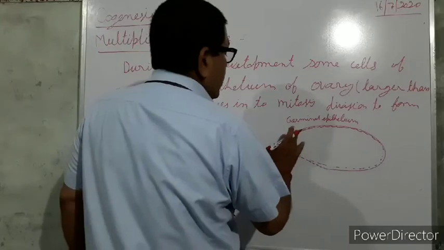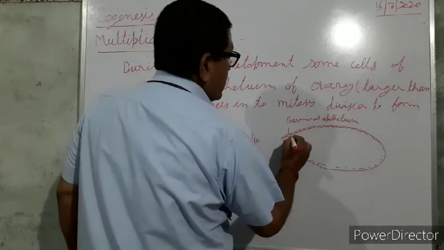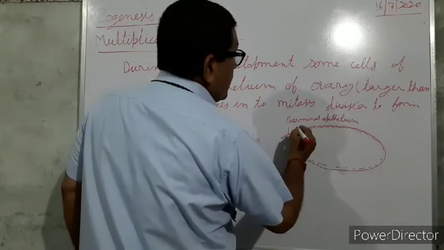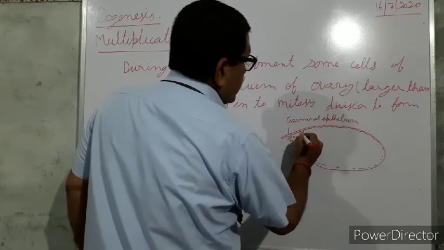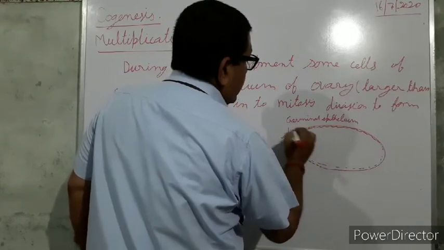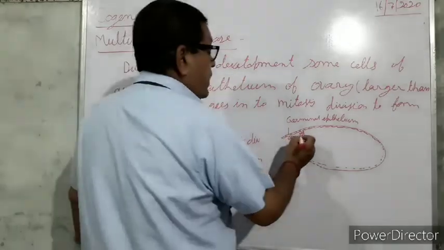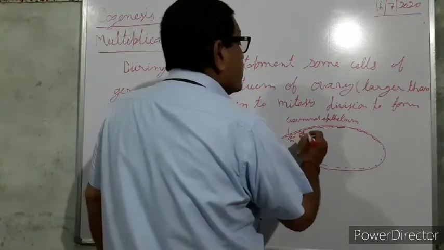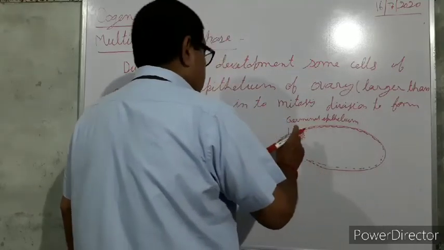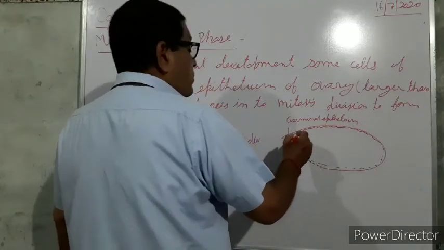So here a large number of oogonia are produced, and they are formed in the form of a cord. This structure is called the egg tube of Pflüger.